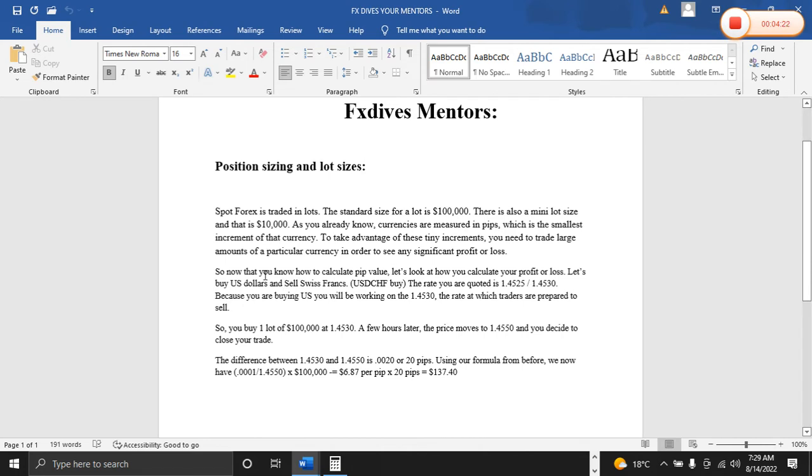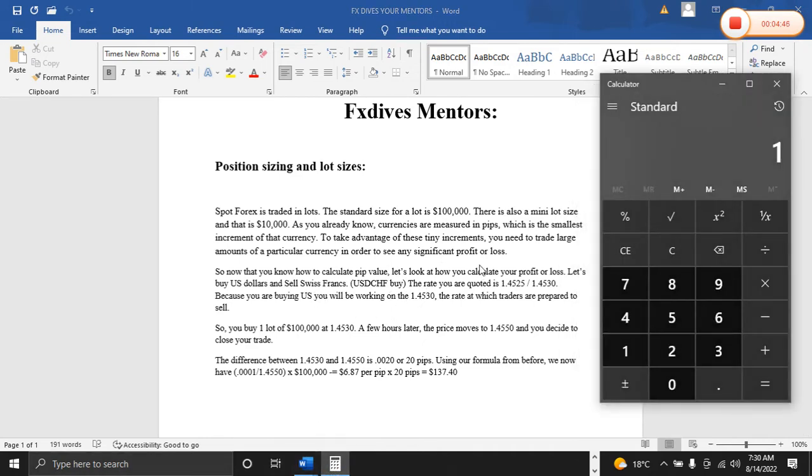For example, we have the pair USD/Swiss franc. Suppose the rate you are quoted is 1.4525/1.4530. Because you are buying the US dollar, you will be working on 1.4530, the rate at which traders are prepared to sell.